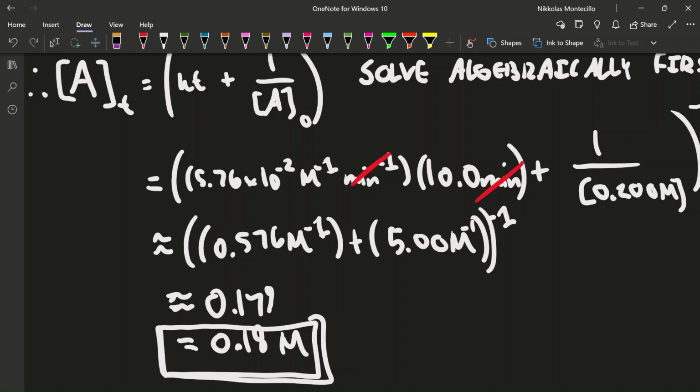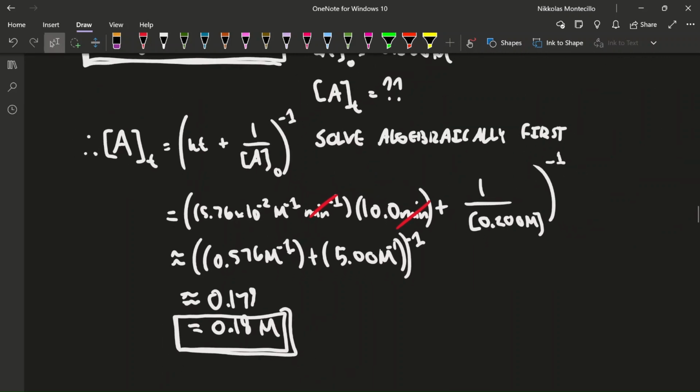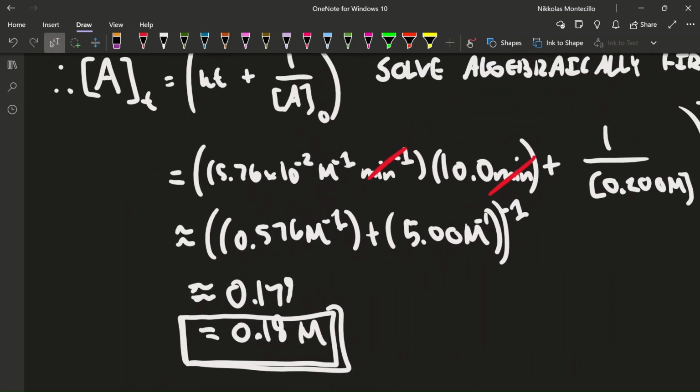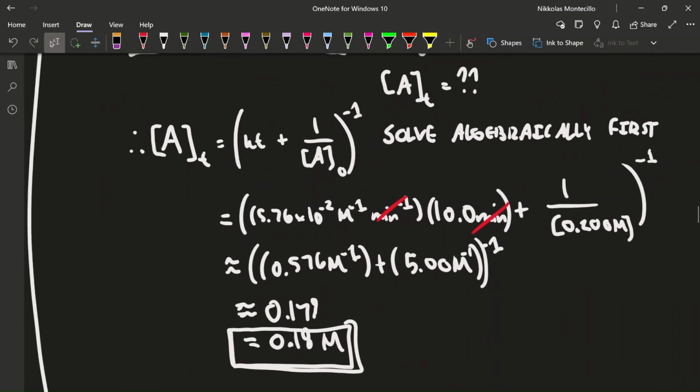It should be 3 sig figs altogether. I may have made a mistake in representing my sig figs for this calculation, but I still got the correct answer nonetheless, because the answer comes out to approximately 0.18 molar concentration after 10 minutes.